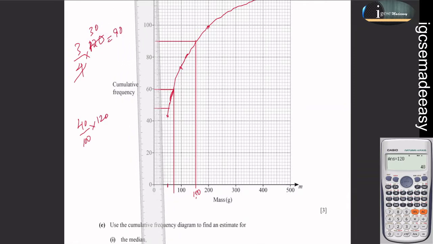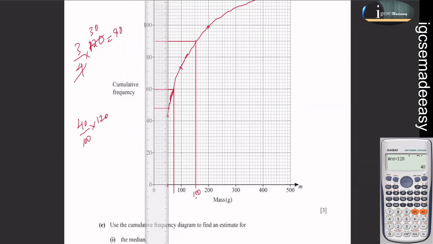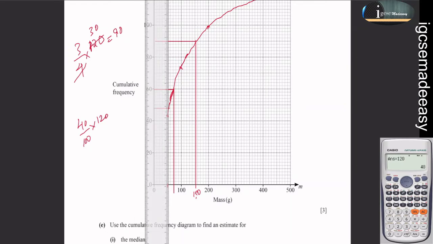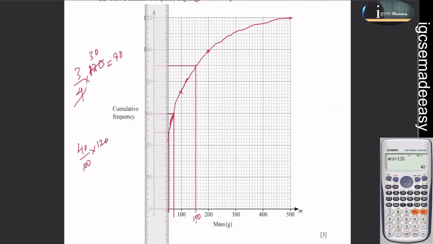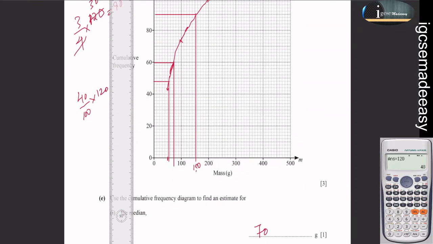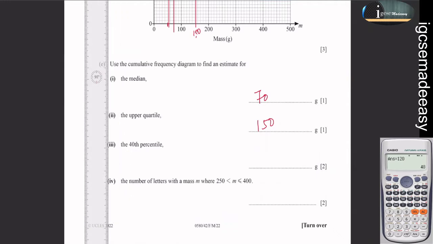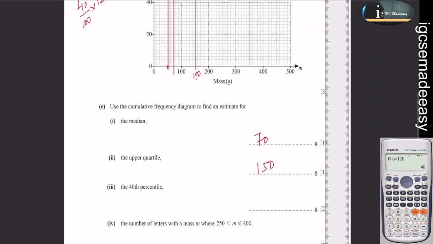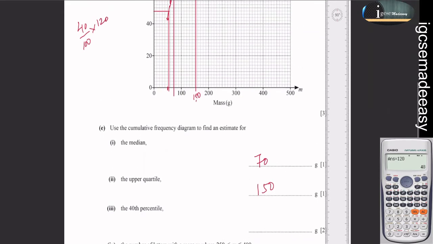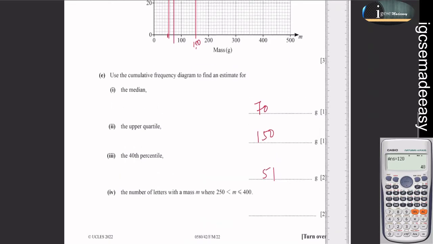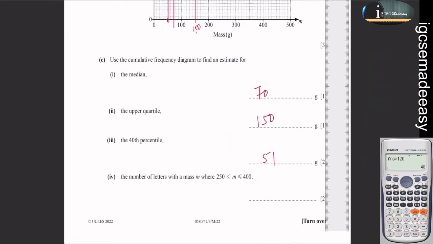I think some mistake in plotting is there, but error will be there for me. I'm getting nearby 50. So the 40th percentile, my answer is coming around 51. Whatever value you are getting, you can write it, because the answer will be in a range and you may get the marks for that.